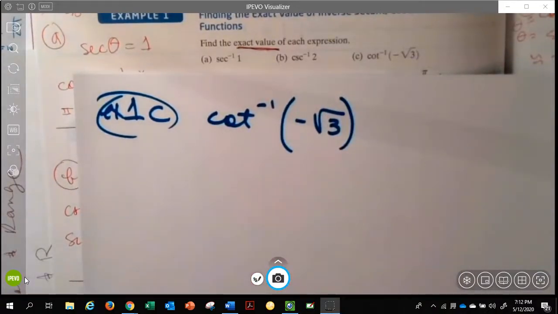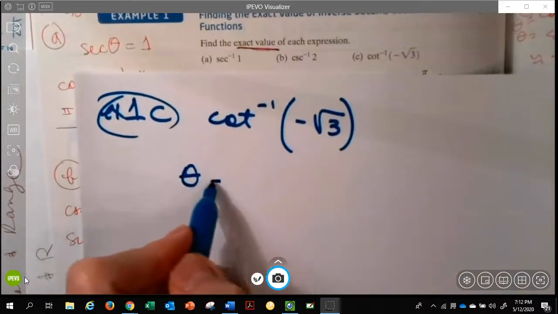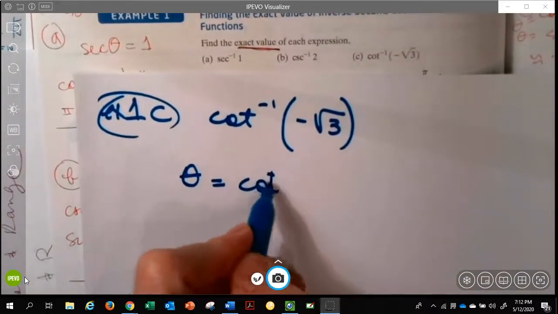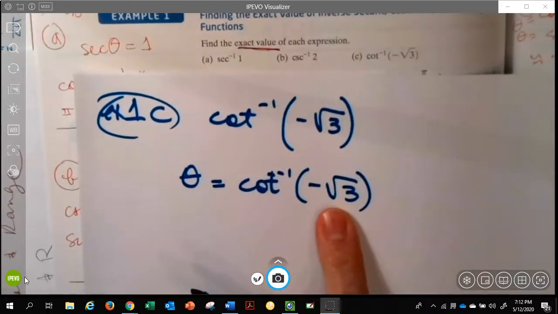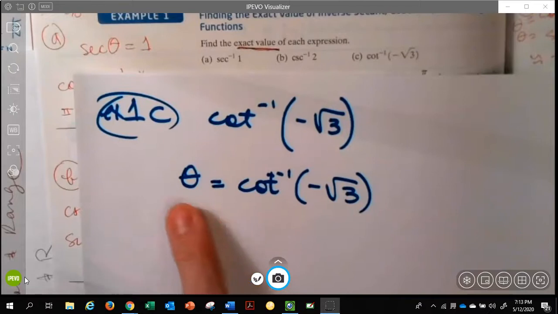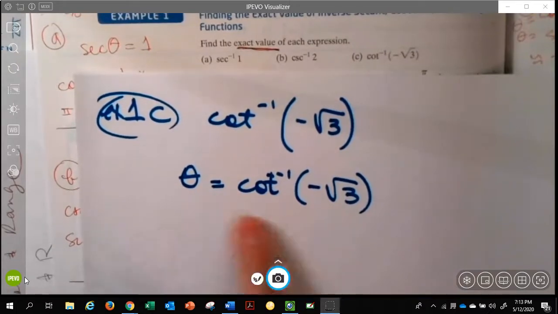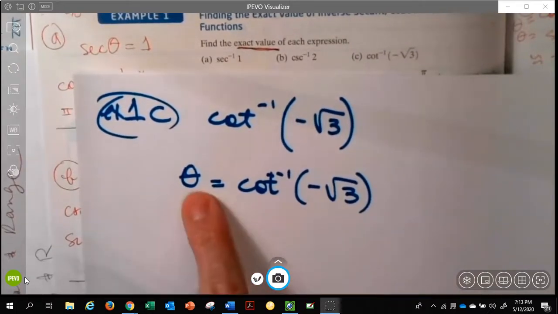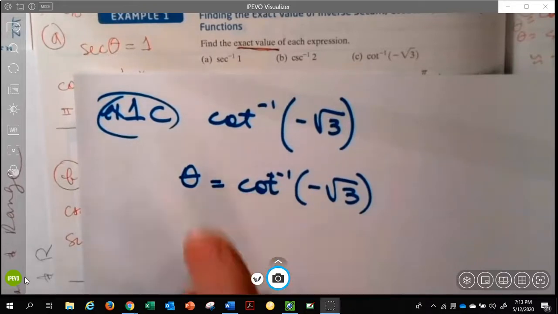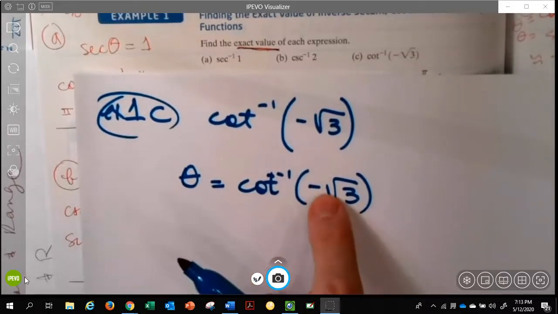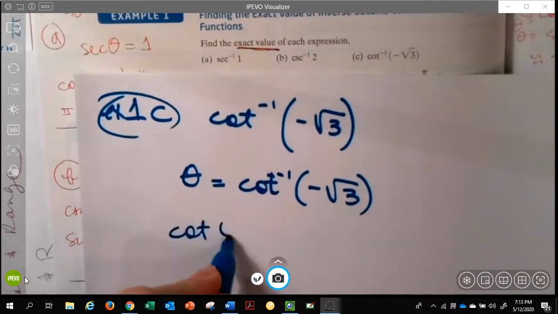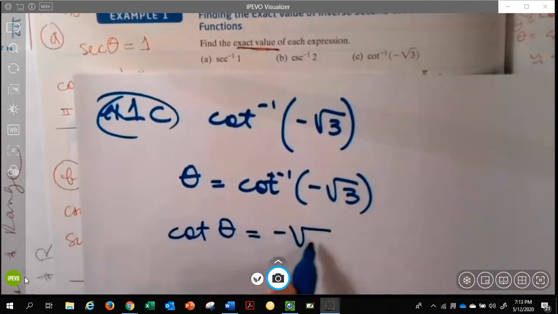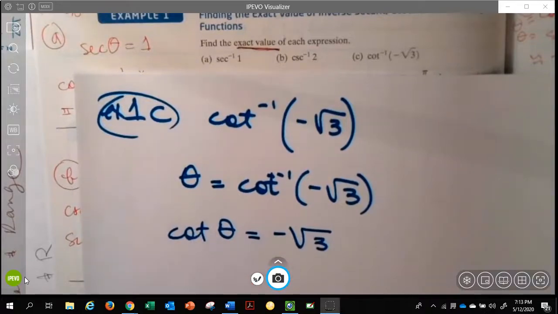They're asking us to find an angle so that, and I like to say it as, this part in here was our old answer, and this was, or is, the angle. Either way we want to do our grammar on this. But this is the answer. We're looking for the angle. In other words, cotangent of some angle turns out to be the negative square root of 3.